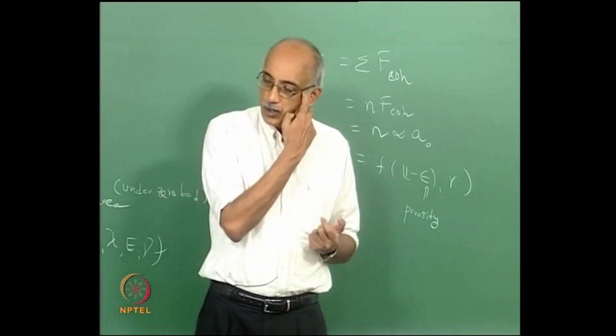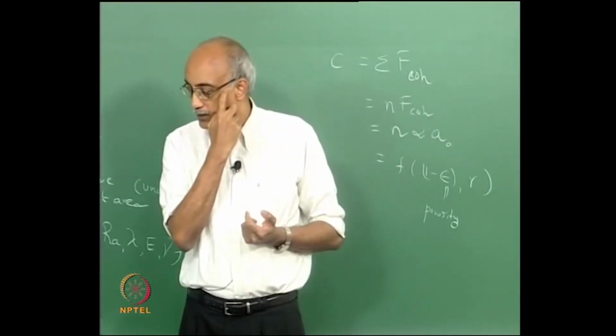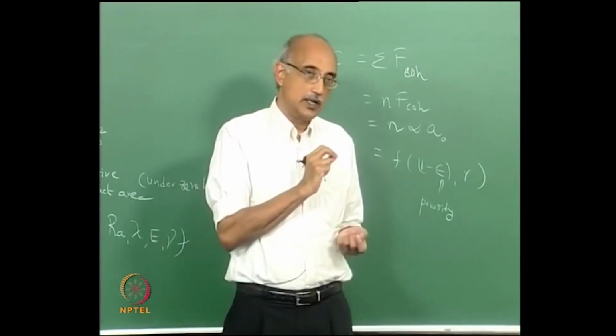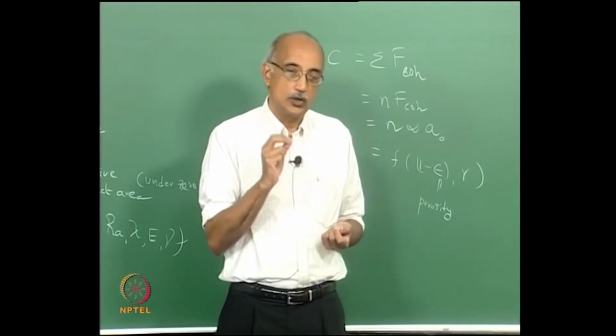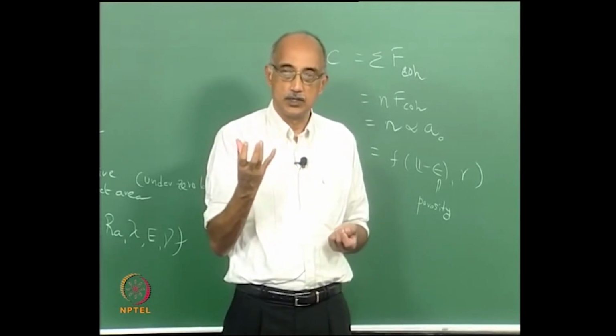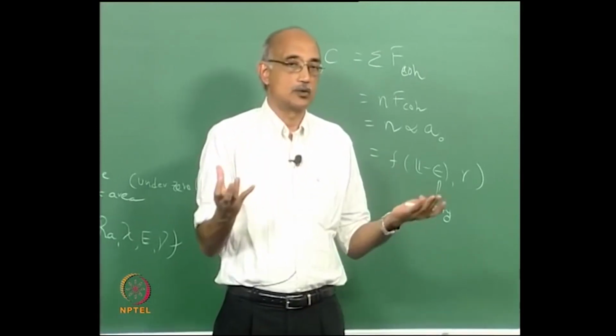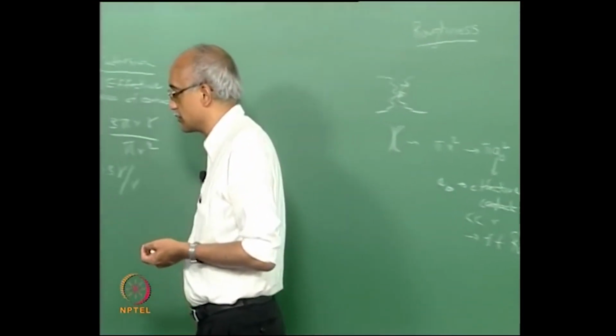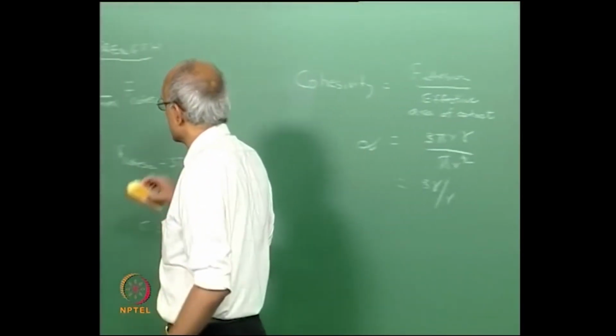Now, one of the considerations here is what we call the degree of cohesiveness. How do you define or evaluate how cohesive a substance is, say, compared to another? So people have tried to come up with some definitions of this cohesiveness index.